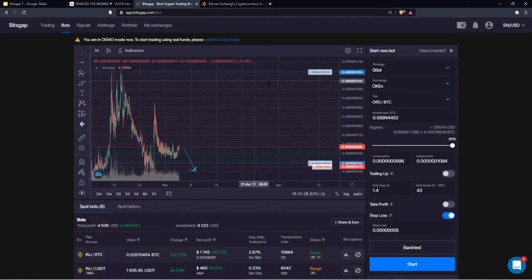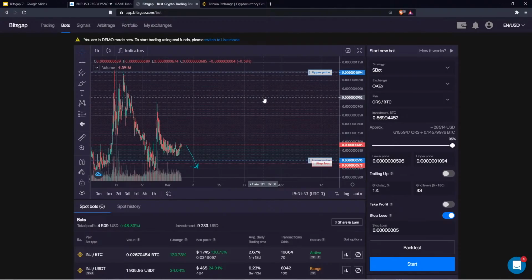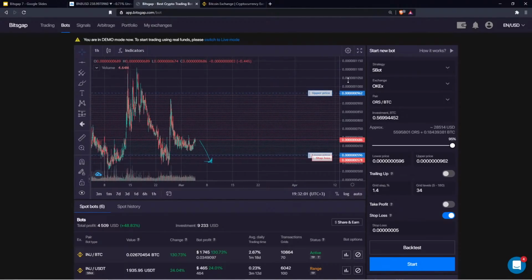So for example, you never enter the configuration which has so many grid cells, which is in this case around 80%. Instead, the maximum that you can afford in accordance with your risk management principles is, let's say, 60%, which is going to be like this.